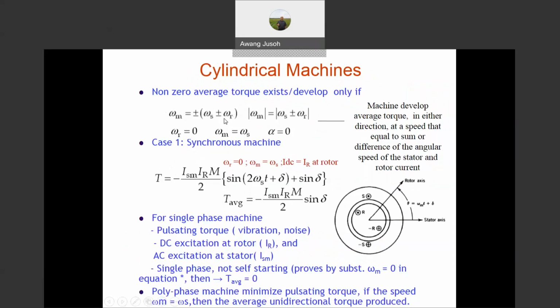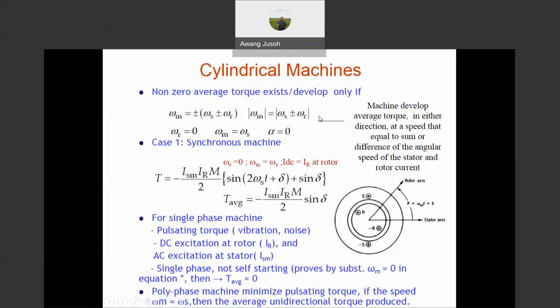Meaning that if the frequency of the stator plus the frequency of the rotor equals the motor speed, then the torque will be produced in that particular machine. And also if minus, we have plus and minus there. If omega s minus omega r, so if the motor operates at the speed equal to the difference between omega s and omega r, then we get torque also.